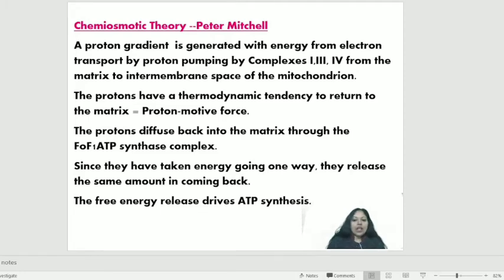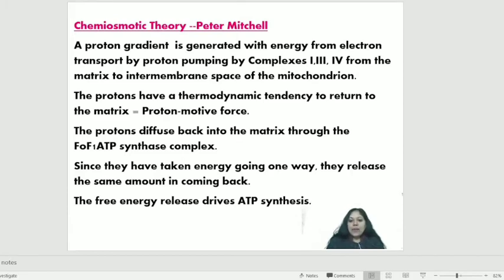The second thing he knew is that the inner mitochondrial membrane is impermeable to protons, correct? So there are two things: the inner membrane is impermeable to protons, but protons are being pumped out.